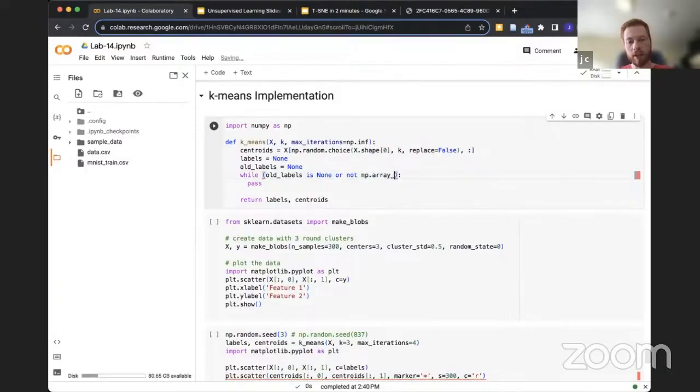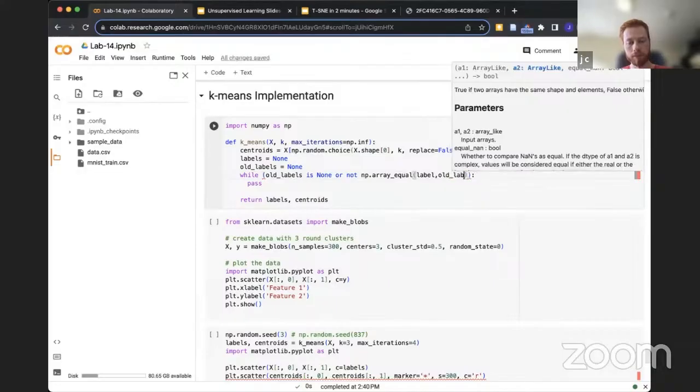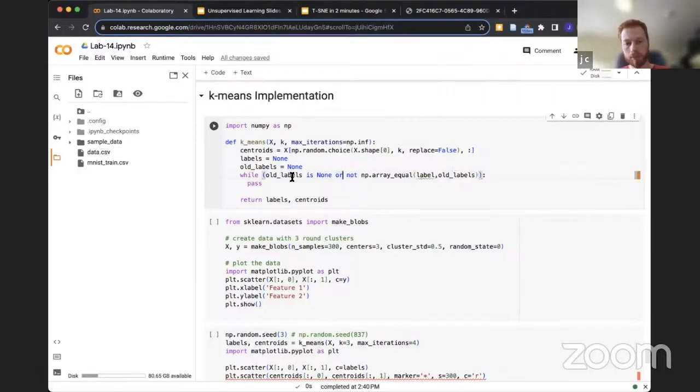Or if there was a change between the labels between iterations. So if the labels change, this is array equal, yes. No, it's labels. So as long as these two arrays are not equal, we want to continue our update steps.